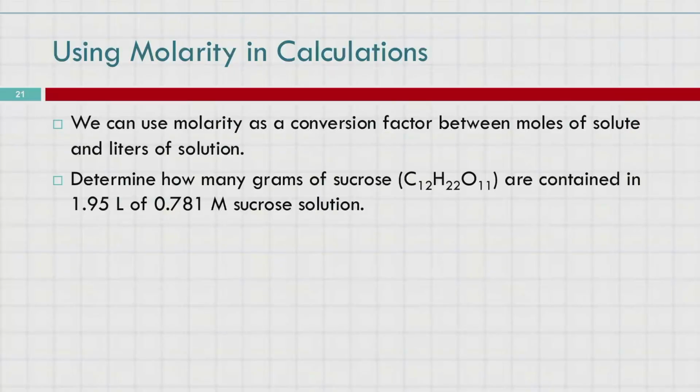We can also use, as I alluded to previously, molarity in calculations. We can use it as a conversion between the 2 units that make it up. Since capital M equals moles over liters, we can use it to convert between those 2. So as an example, determine grams of sucrose that are contained in 1.95 liters of 0.781 molar sucrose solution.